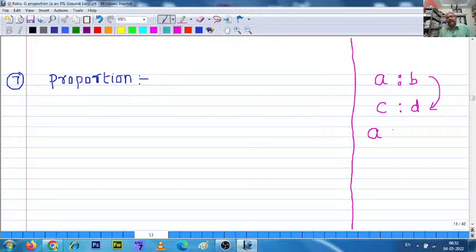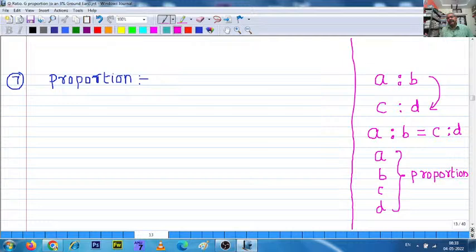That means A is to B is equal to C is to D. Then the terms A, B, C, D are said to be in proportion. A very simple concept: equality of two ratios is said to be proportion.